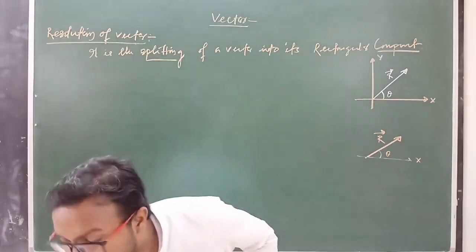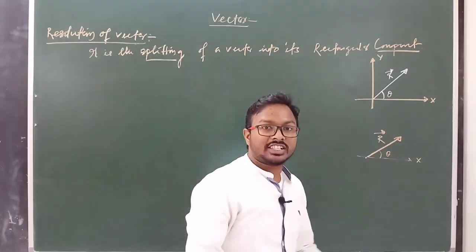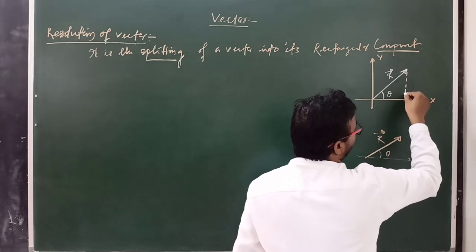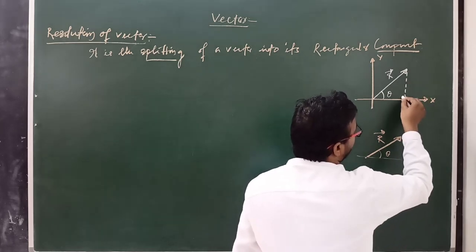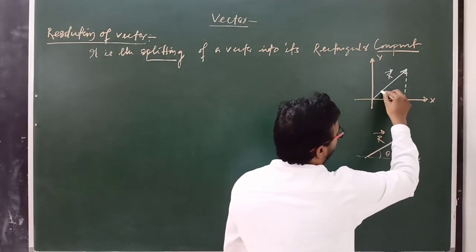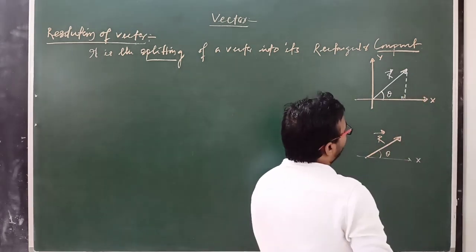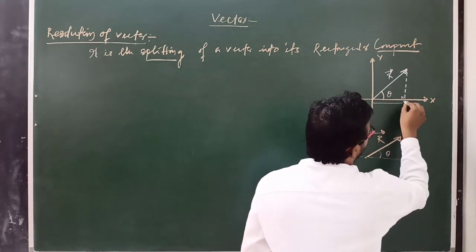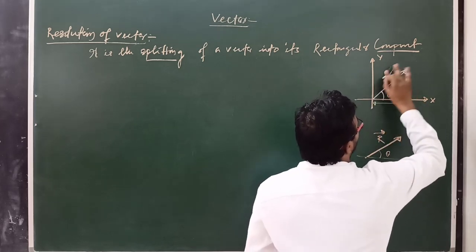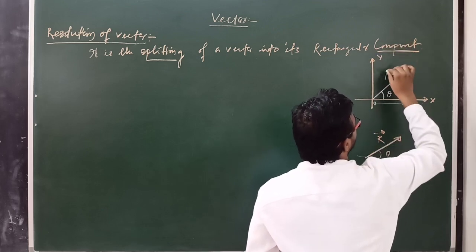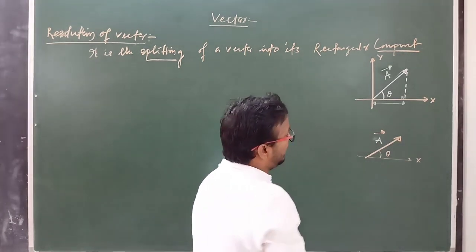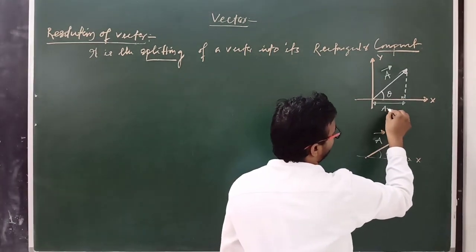So in this case we have to find the resolution of the vector, or splitting of the vector. First we have to draw a perpendicular here. This is perpendicular and this angle is 90 degrees. Clear? If this angle is 90 and this angle is theta, suppose this distance I am taking as ax.